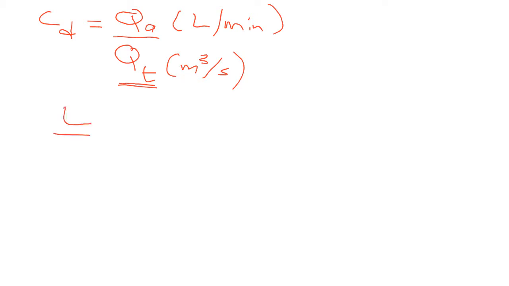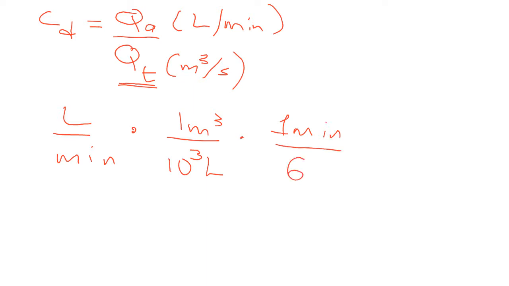How do you convert liters per minute to meter cube per second? 1 liter is 1 meter cubed over 1000, so 1 meter cubed over 1000 liters, times 1 minute converted to seconds, over 60 seconds. You can see liter will cancel liter, minute will cancel minute, and at the end you are left with meter cube per second.